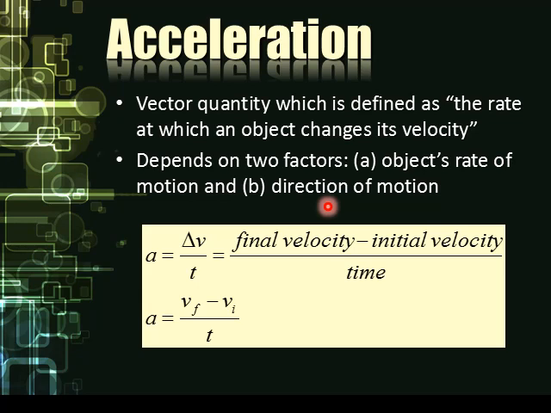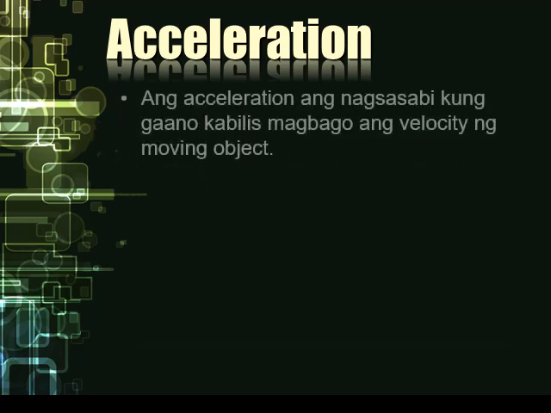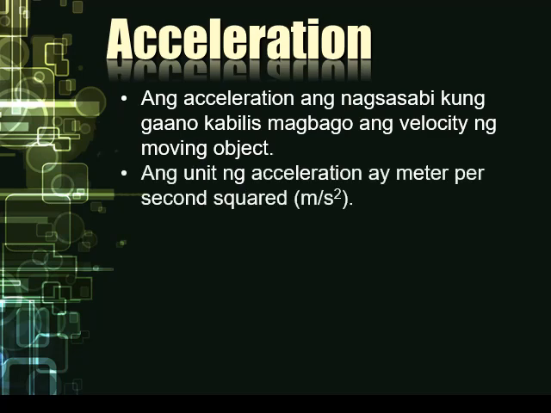Okay, so sa equation, we have the following. So the acceleration is equal to the change in velocity, so that's final velocity minus initial velocity divided by the time. Yung acceleration, nagsasabi sa atin kung gaano kabilis magbago ang velocity ng isang moving object. So dito, ang sinusukat natin is yung bilis ng pag-change ng velocity. So, ang unit ng acceleration ay meter per second squared.